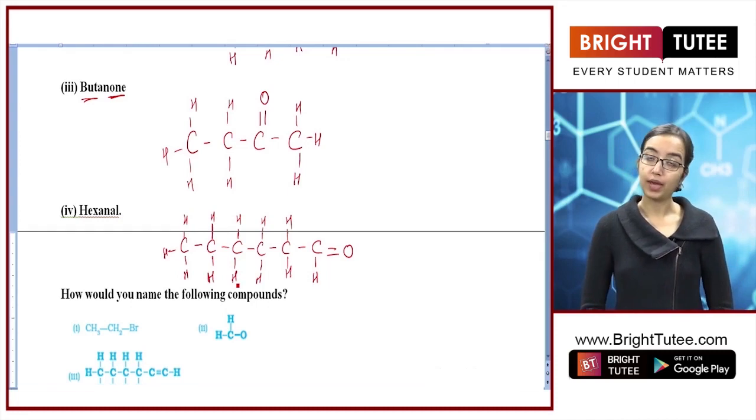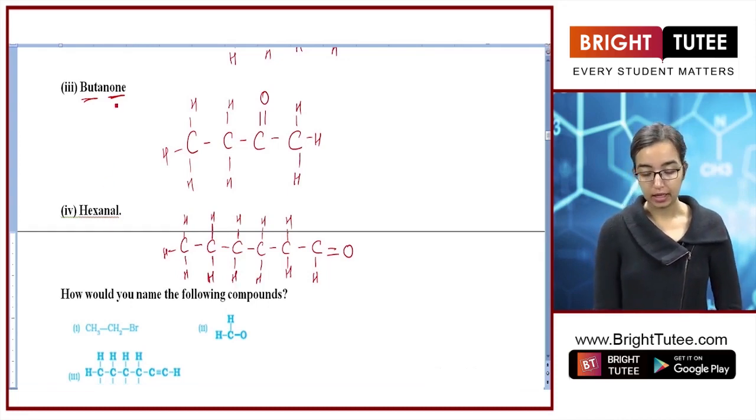And that is the structure of hexanal. So "-al" means aldehyde, "-one" means ketone, which is a double bond O in the center. Aldehyde is a double bond O in the corner. Now let's move on to the next question.